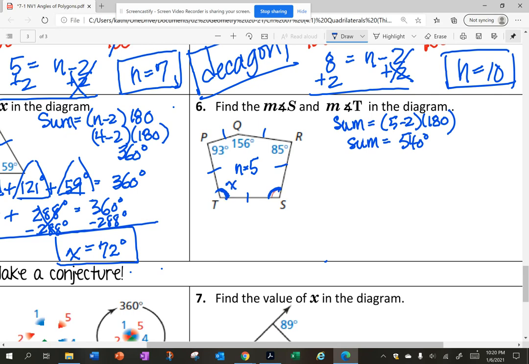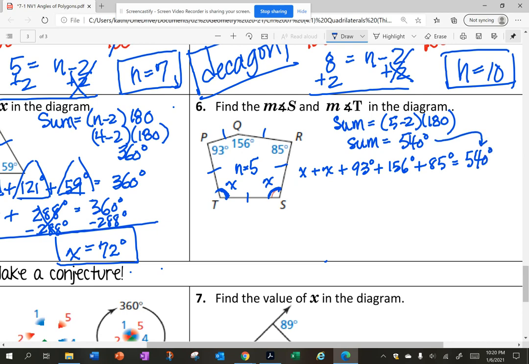So what I notice here is these have the same number of arc marks. So I'm going to call those x because they're congruent, because they both have 1 arc mark. So I can say x plus 93 degrees plus 156 degrees plus 85 degrees equals 540 degrees. So my sum is 540 degrees.